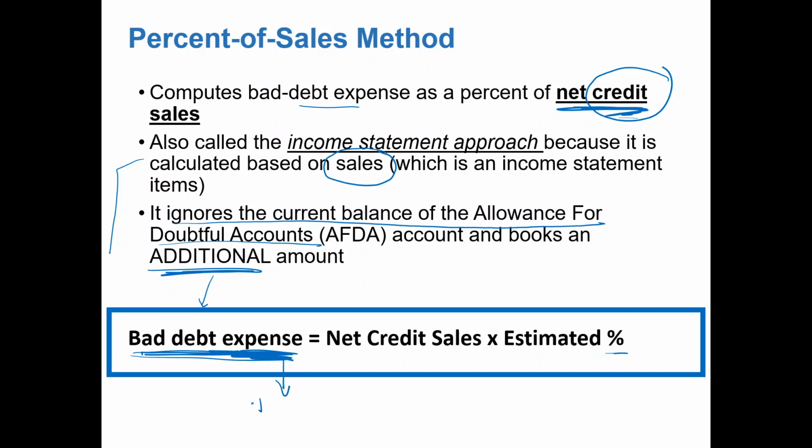And this bad debt expense amount, this is the amount used in the journal entry. So we're actually calculating the bad debt expense for that period, and we will record that in the journal entry.